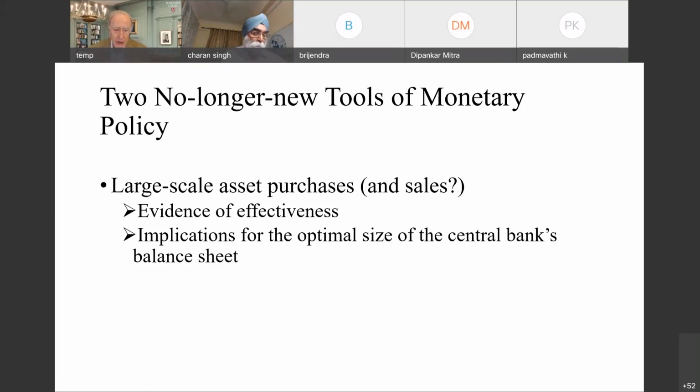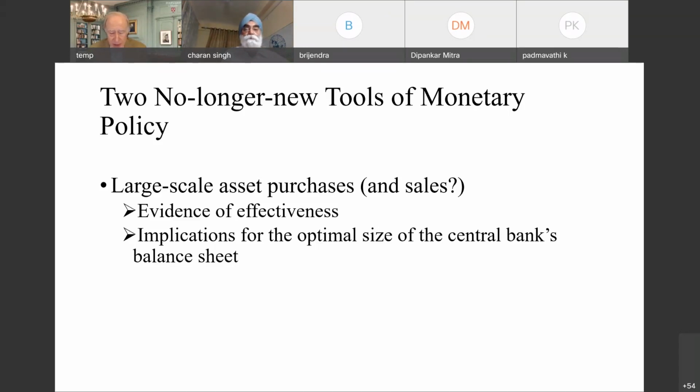I think there are also powerful implications for the optimal size of the central bank's balance sheet. And so let me say something about that quite explicitly. As I trust everybody knows, many central banks around the world have had enormous increases in the size of their balance sheets over the last 10 years or so. In the United States, we've gone from a balance sheet of the Federal Reserve under $1 trillion to today nearly $8 trillion.